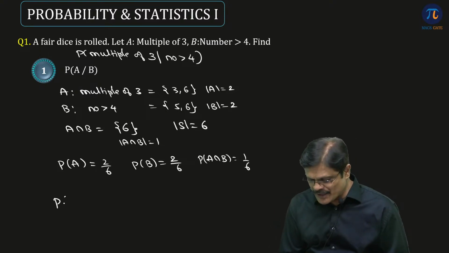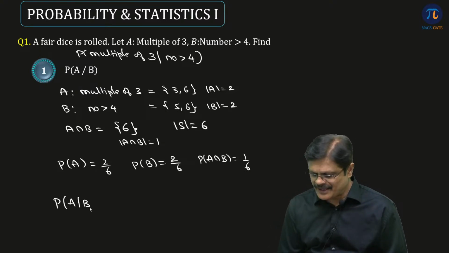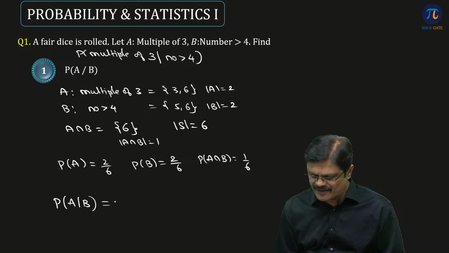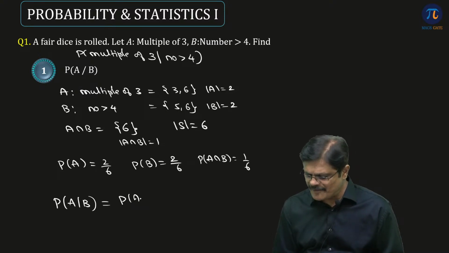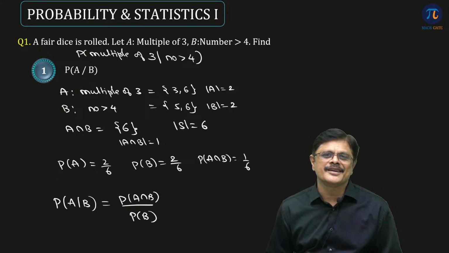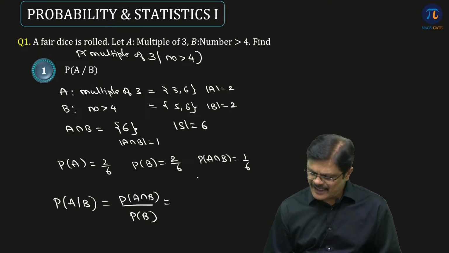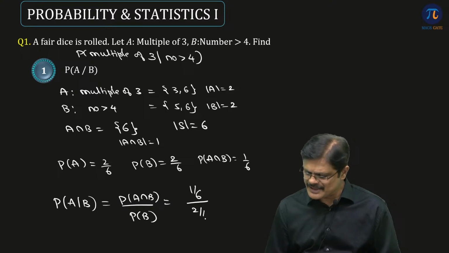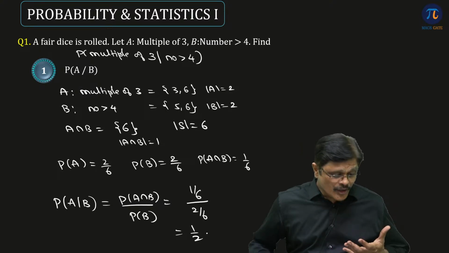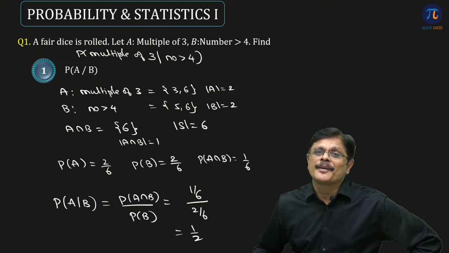My question is, what is probability of A given B? What is the conditional probability definition? Probability of A intersection B divided by probability of B. Probability of A intersection B is 1 by 6, and probability of B is 2 by 6. So when you simplify, you get 1 by 2. So I solved the same problem using the formula method.